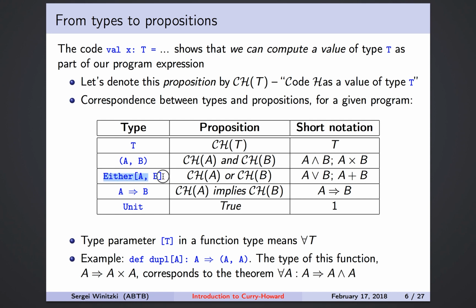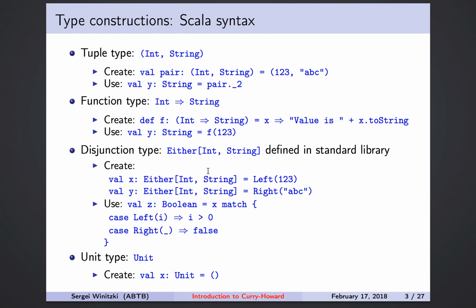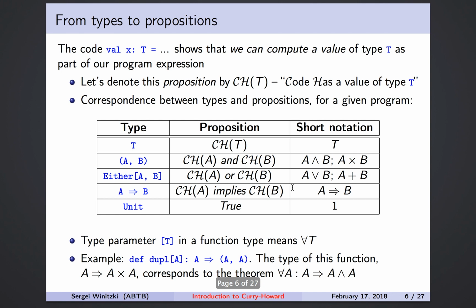Now let's consider the disjunction type, the Either. If you computed the value of Either, it means you computed a Left or you computed a Right. You must have computed one of these two. So in the logical proposition, it means that CH of Either(A, B) is equal to CH of A or CH of B, where OR is the logical OR.